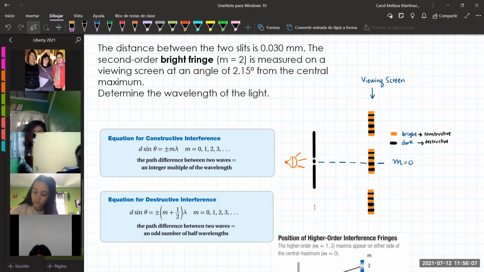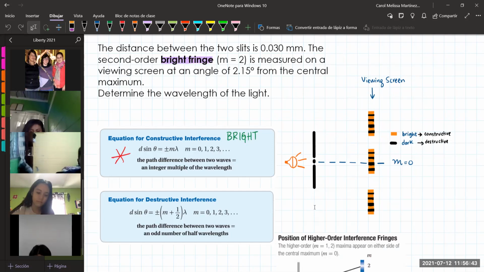Because this exercise says the second order is measured for the bright fringe, we say that it's going to be constructive. Remember, bright is constructive. So that means we're going to be using this equation for this exercise.